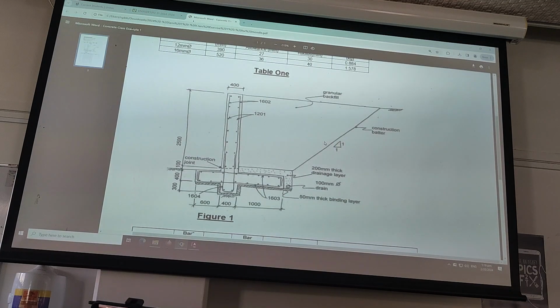Could anyone tell me how I would calculate the bar number 1602? Can anyone tell me the length of the bar 1602?